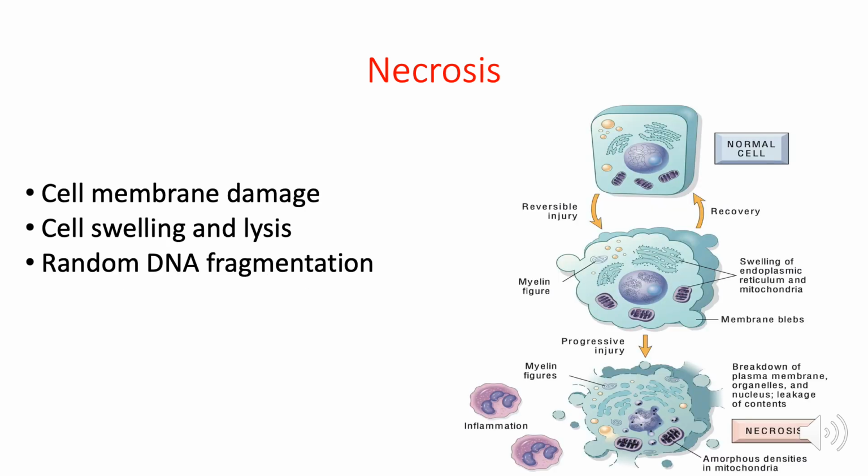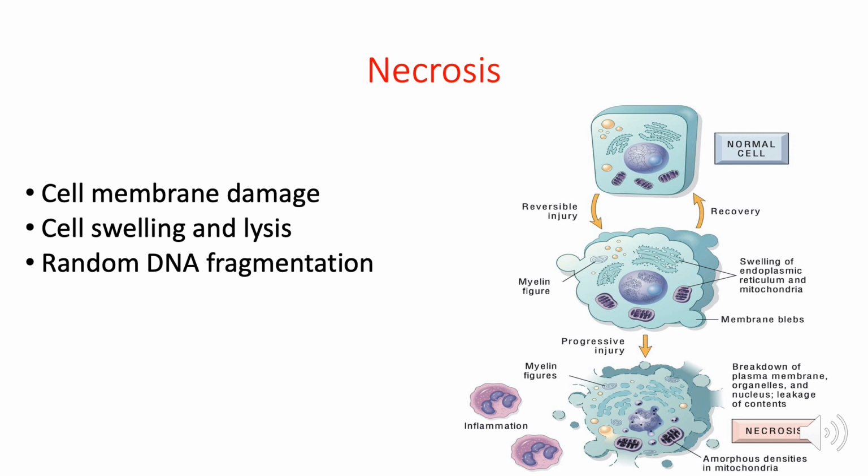So what are now the features of necrosis? Since there is the presence of an injurious stimulus, the injurious stimulus will cause damage to the cell membrane. You know very well that the cell membrane selects the substances that can go in and out of the cell. If that cell membrane is damaged, ions as well as water are allowed to go inside the cell.